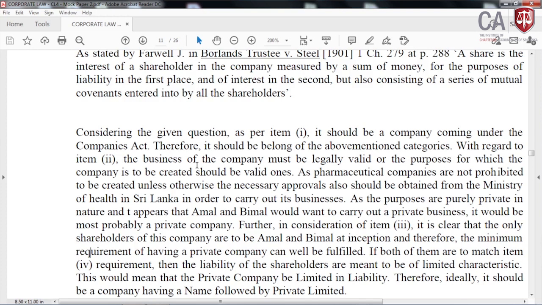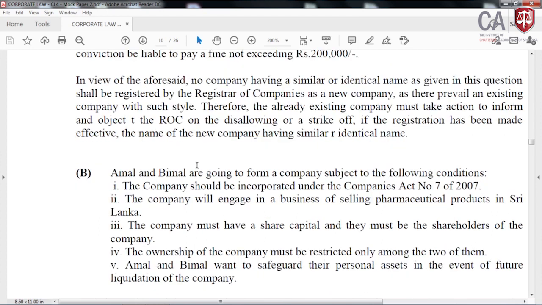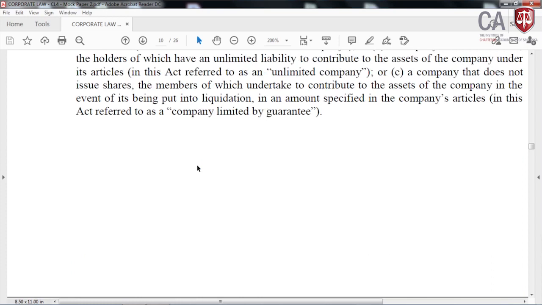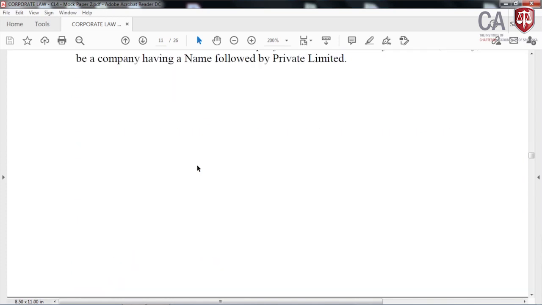But Amal and Bimal being private individuals, obviously they will have to go for a private company. Now, with regard to item 2, the company will engage in a business of selling pharmaceutical products in Sri Lanka. So, it is a business oriented or profit oriented company for sure.